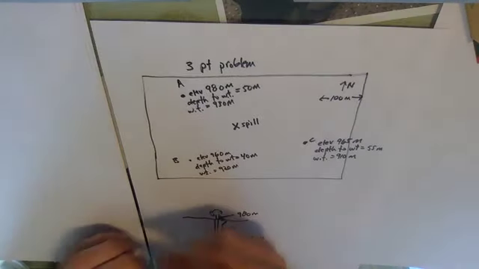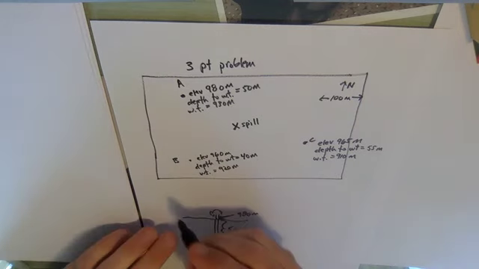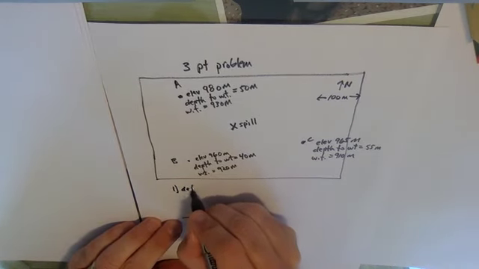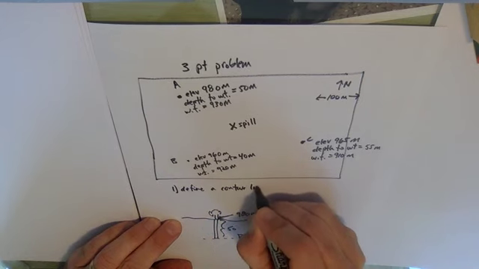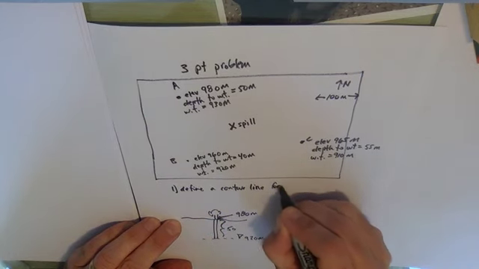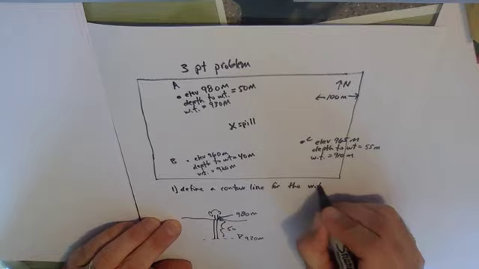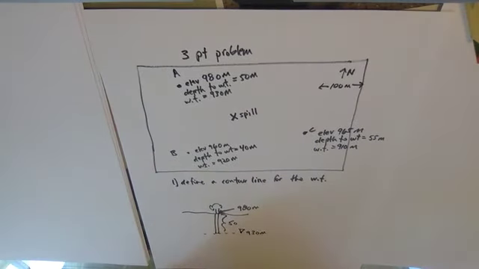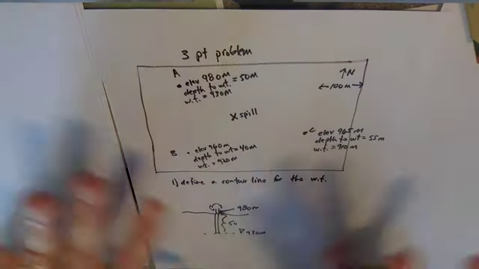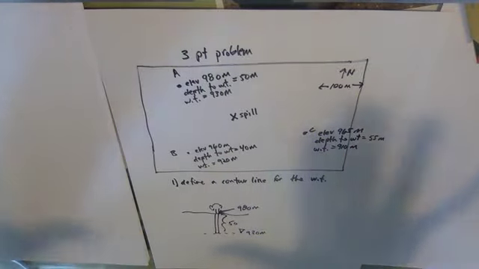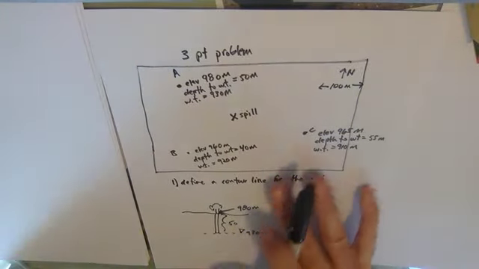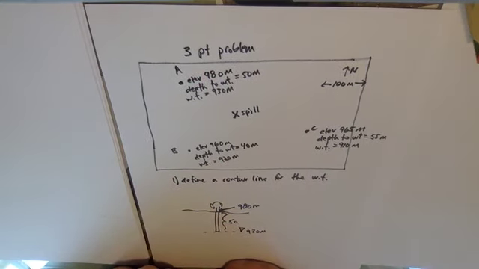So step one is define a contour line for the water table. Remember, the water table is just that imaginary surface that exists where water rises up to in the bottom of a well. And if you connect all those dots, you get this sort of planar surface running across the ground.